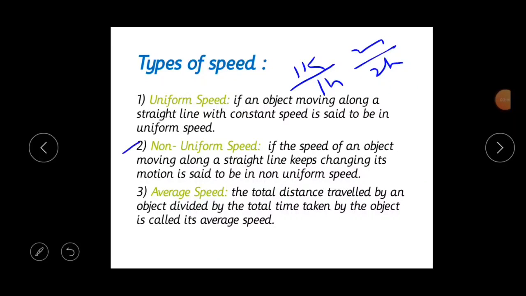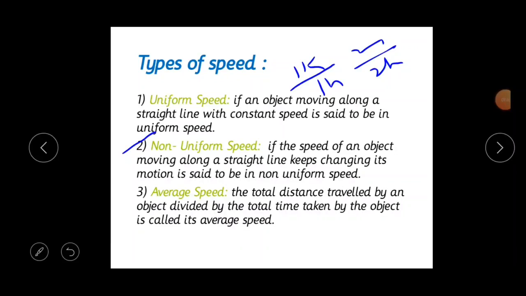Okay, next is non-uniform speed. If the speed of an object moving along a straight line keeps changing, it is said to be in non-uniform speed. So when an object covers different distances in different time gaps, it is said to be non-uniform motion.